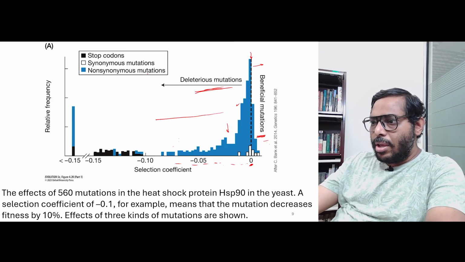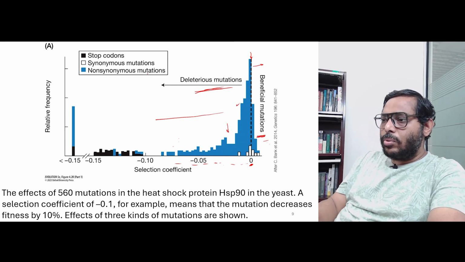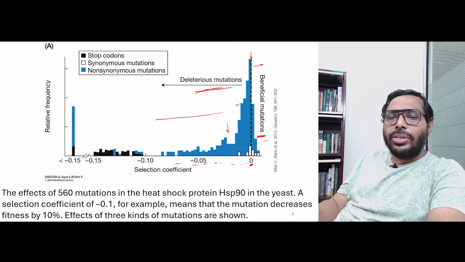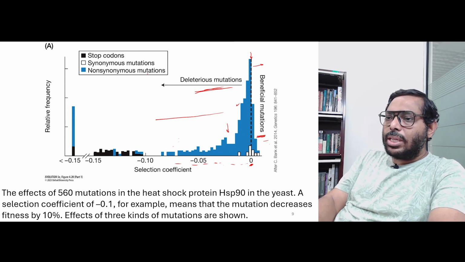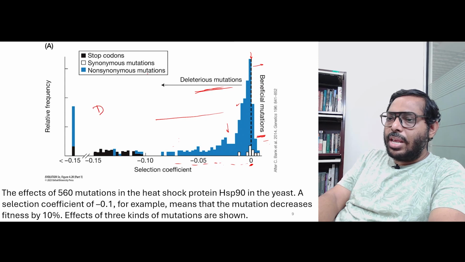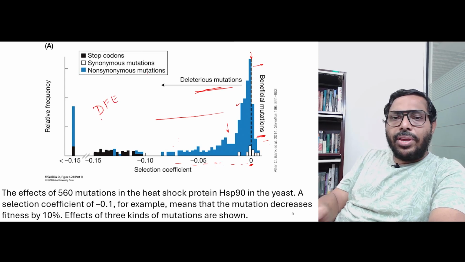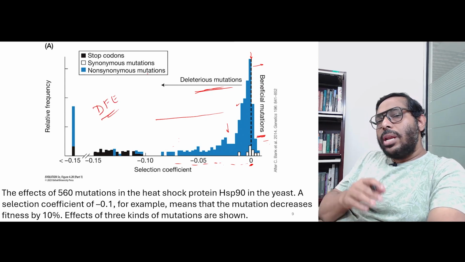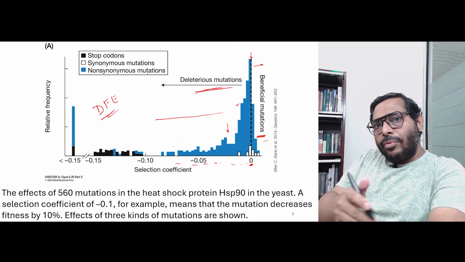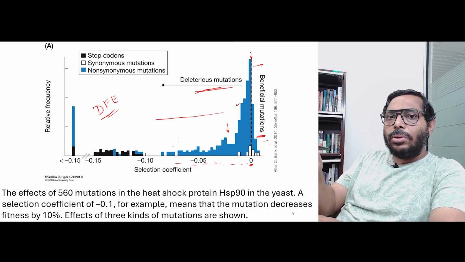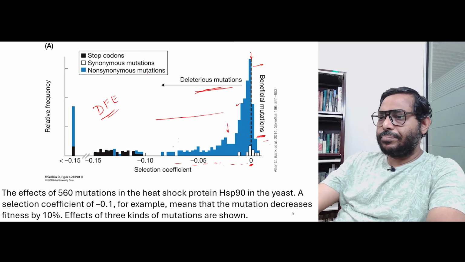So, this diagram where you have the fitness, or harmfulness and beneficialness, on the x axis and the relative frequencies on the y axis, this is what is known as a distribution of fitness effects, or a DFE. So, the DFE of many organisms are actually of this type. Where things have been studied, the overwhelming majority look like the DFE is of this type.